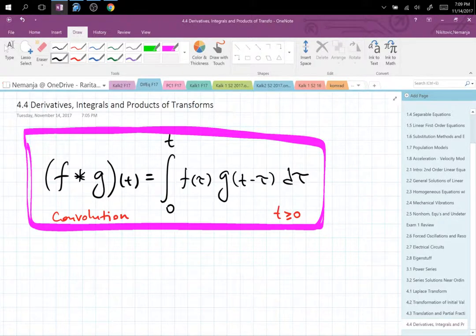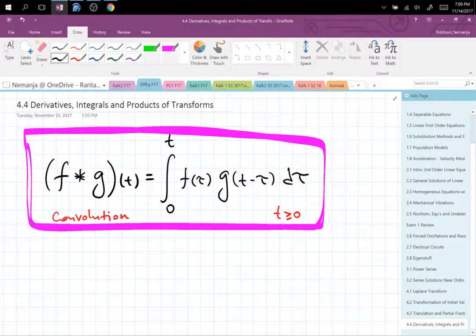Now this is the definition. What can we get out of this definition? The most interesting thing happens. We know that for integrals and derivatives, we have product rules, integration by parts, u-substitution, and all of these things, because you cannot take the integral of two functions that are multiplied as the product of the integral of each one of them.